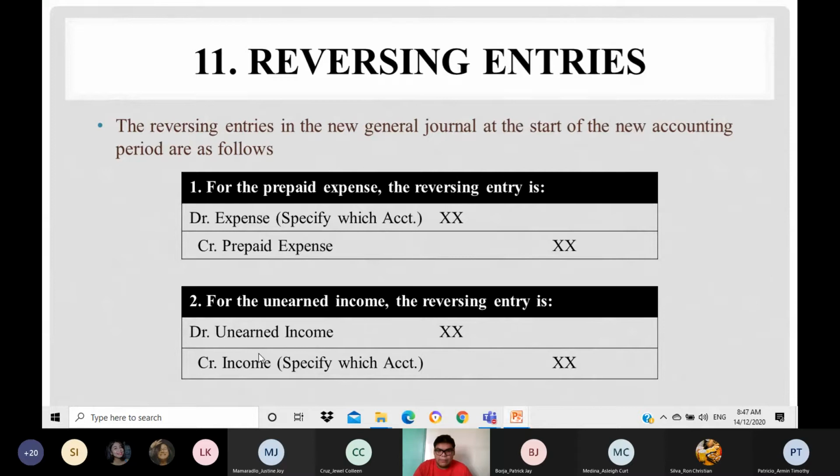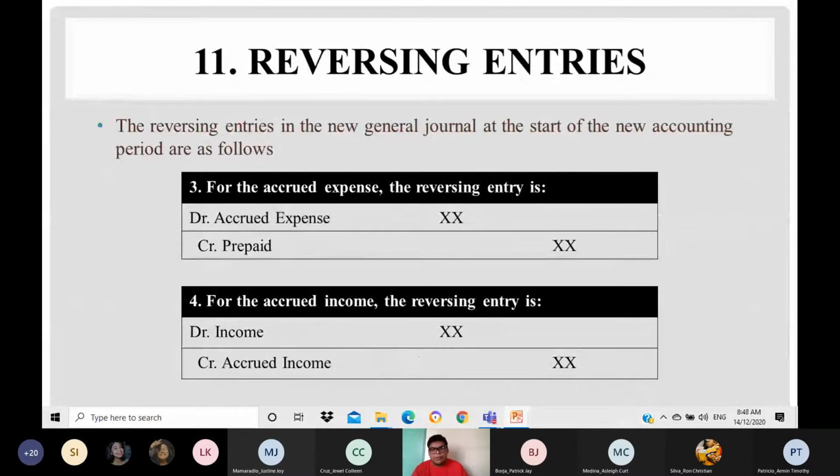Pero you have to specify which account yung income na yun. Saan income? Anong account? Which income account?